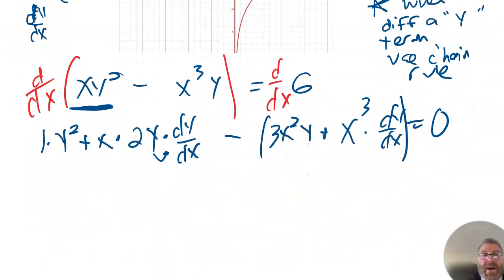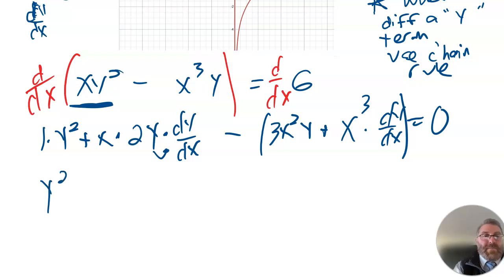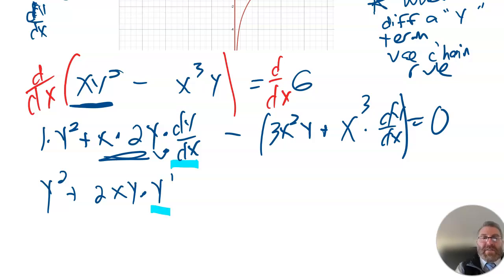Okay, so now I'm going to clean this up a little bit, as clean as I can write, which isn't that clean. That's the same thing as y squared plus, I'm going to call this term 2xy times y prime, same thing. So I'm just being a little lazier now because I have messy handwriting as it is.